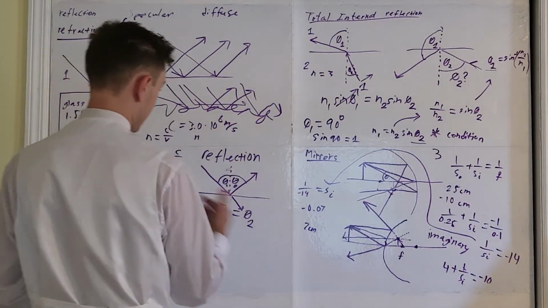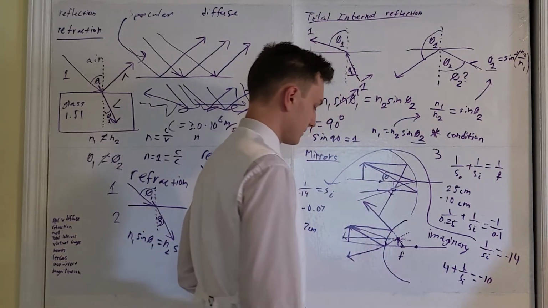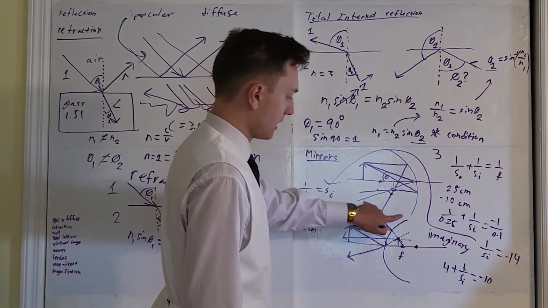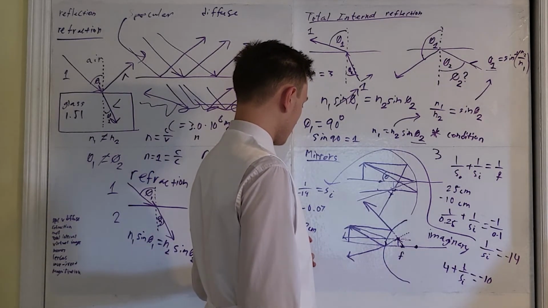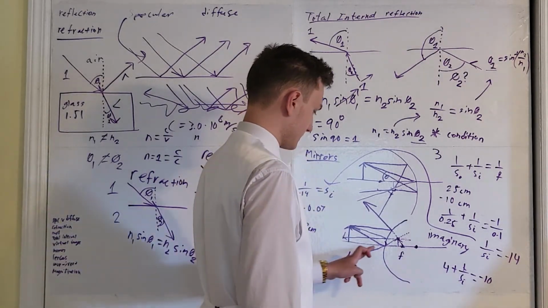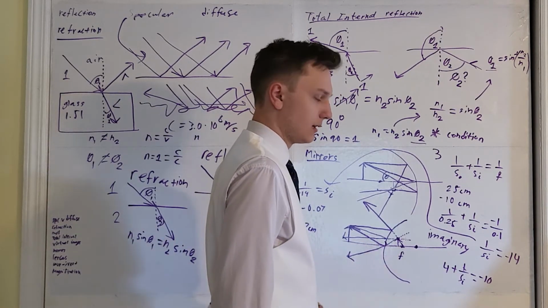Which makes perfect sense. We are dealing with a negative focal length, which indicates we are dealing with a convex mirror. So our focal length should be negative because a convex mirror creates an imaginary image on the opposite side of the mirror.